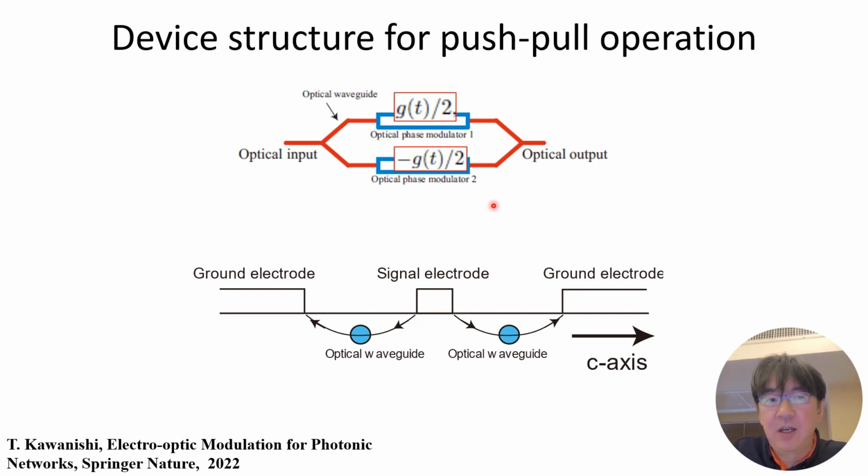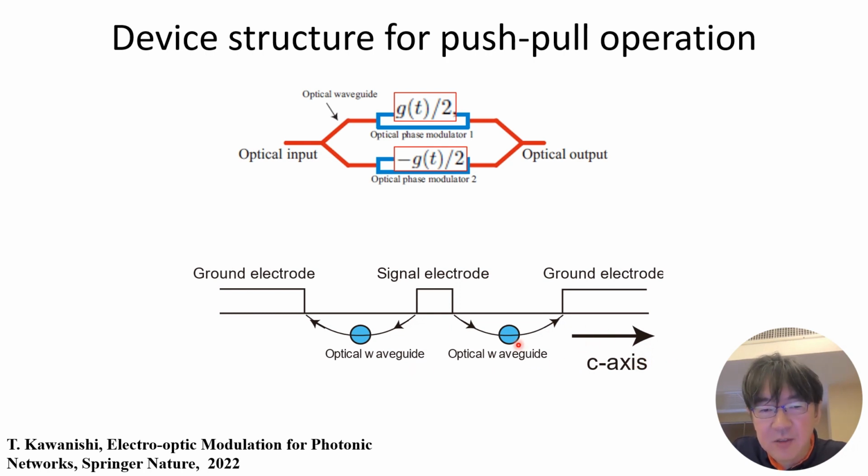To achieve the push-pull operation, we use the X-cut lithium niobate. In the X-cut lithium niobate, the C-axis is along the X direction. In the modulator, we define the Z direction here, the Y direction along the waveguide, and the X direction like this. We call it the X-cut lithium niobate wafer modulator.